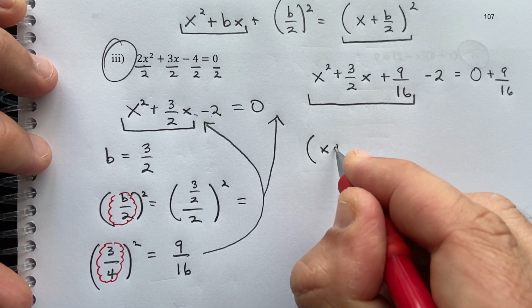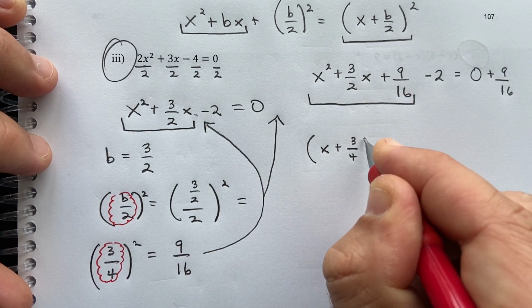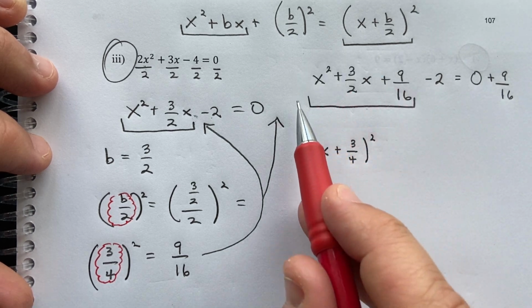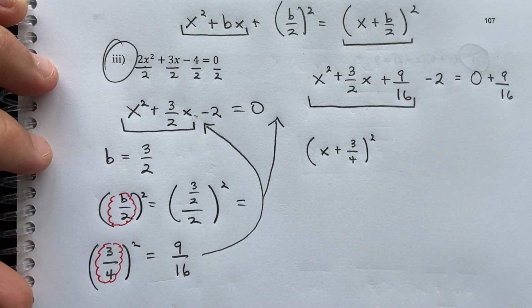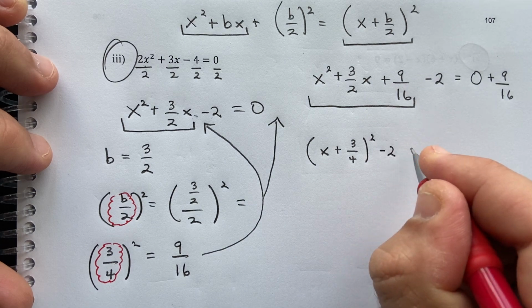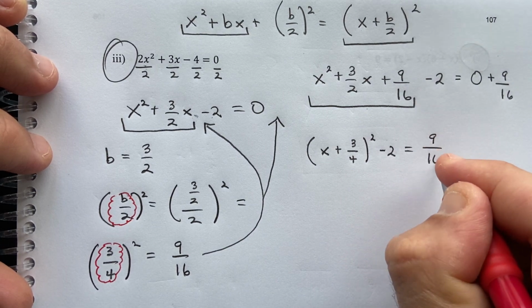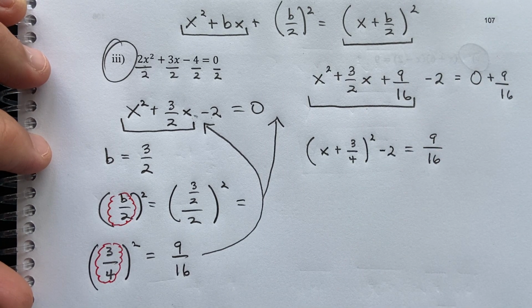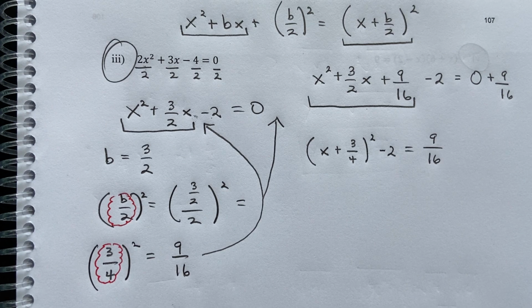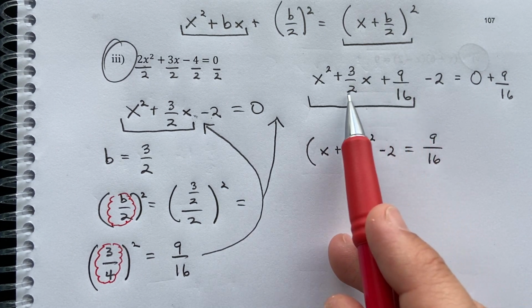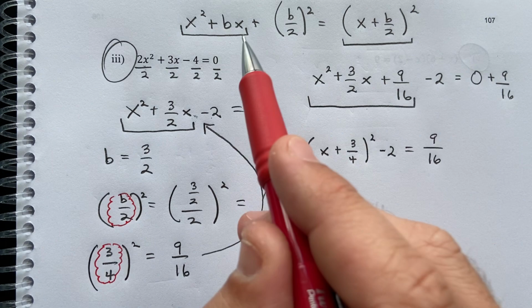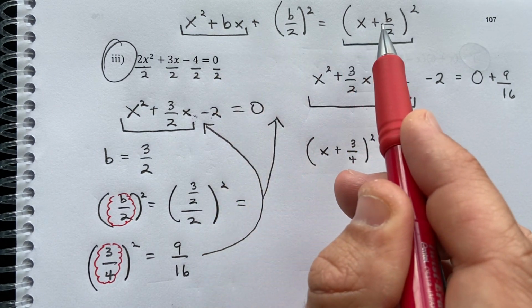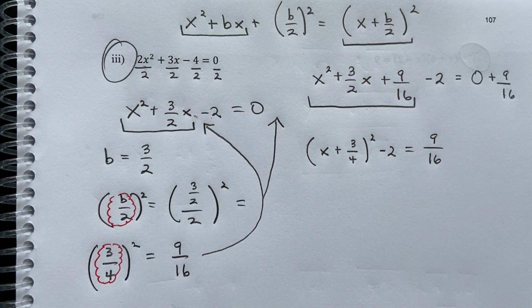So x plus half of b, this should be the factorization of this. I still have -2 equals 9/16. So what I did there is instead of factoring with the a times c method, I factored just using the conclusion here. Let me just bring your attention back for a second.